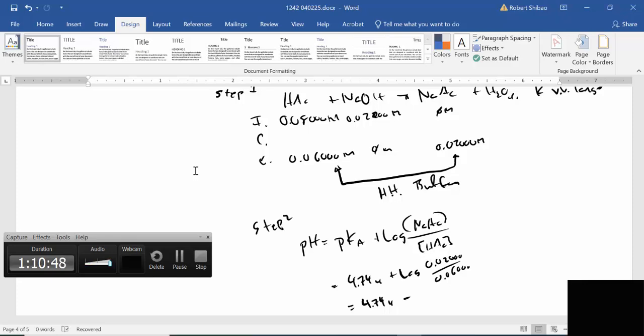The log of 1/3 comes out negative. And so log of 1 divided by 3 is negative 0.477.